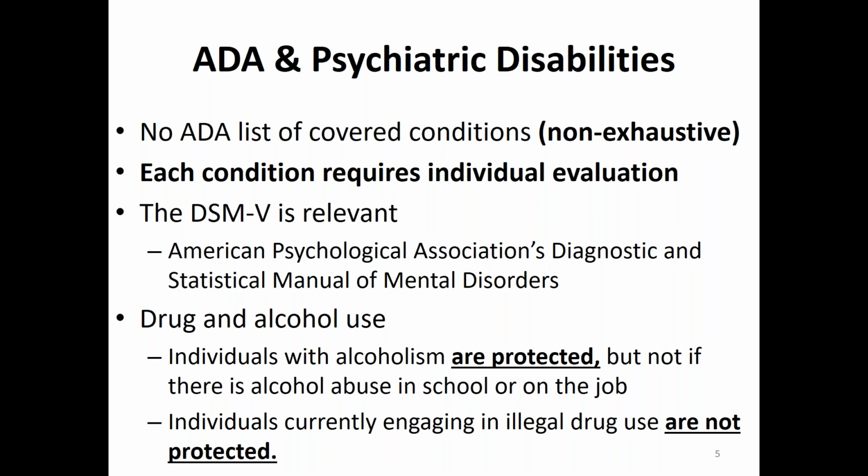So while Oregon has some permissions or legal uses for certain drugs, most notably marijuana, marijuana is still an illicit or illegal drug under federal law. And because 504 and the ADA are federal laws, individuals who are using marijuana are still not protected under 504.